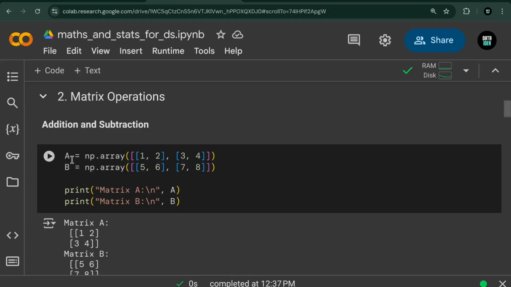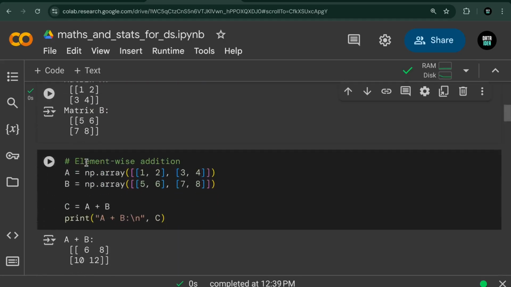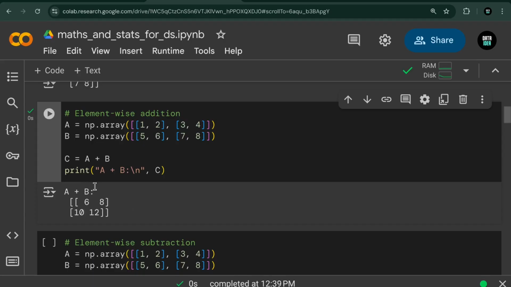And here I am creating two matrices, matrix A and matrix B. And to add any two matrices, by the way, here I have printed them. This is how they look. We can add any two matrices by using a plus sign, if we created them with NumPy, and this will just add the matrices element-wise.